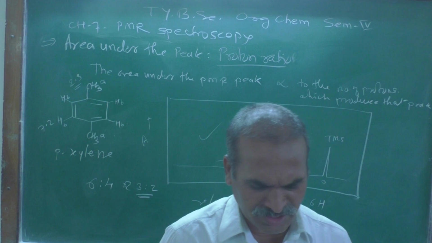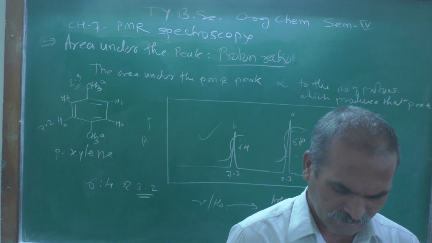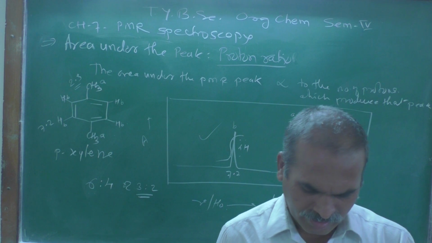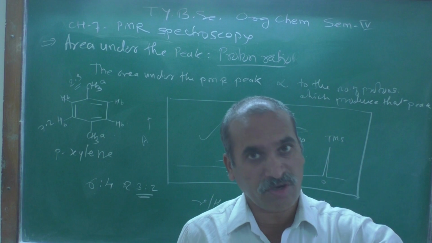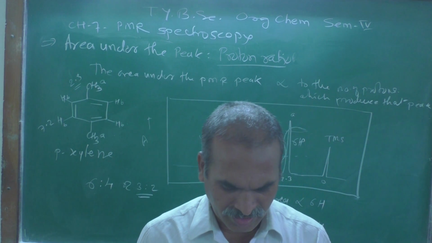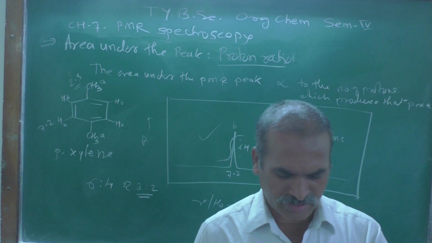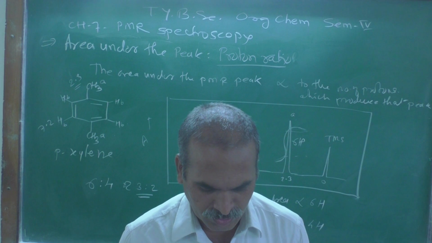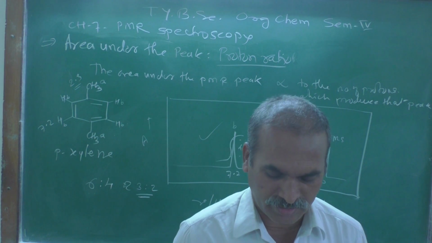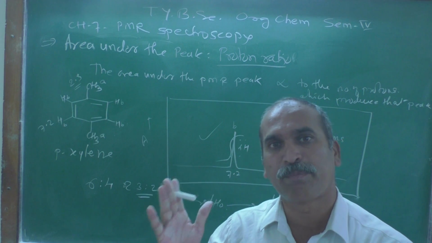It draws an integration line across each peak. The height of the integration line is directly proportional to the area under that peak, and is directly proportional to the number of protons responsible for that peak.